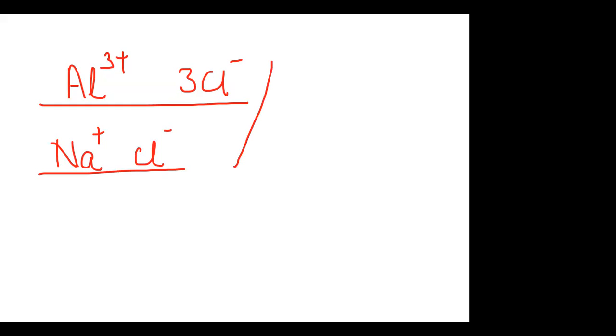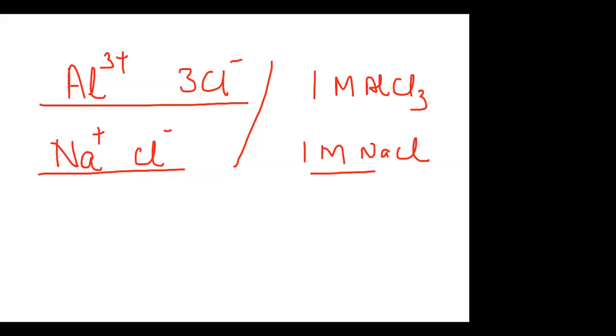So what we have to do is take the amount of electrolyte in both the cases in such a way that 1 mole of the electrons are involved in both cases. Suppose I'm taking 1 mole of AlCl3 and 1 mole of NaCl. In the NaCl case, 1 mole of electrons are involved, but in the AlCl3 case, there are 3 moles of electrons that will be involved.